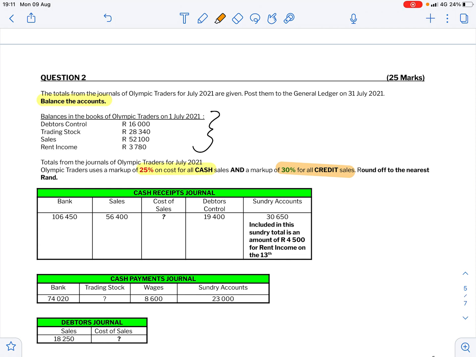So you need to then work out our cost of sales in our cash receipts journal and cash payments journal. To do our cash receipts journal, we take 56,400. We then divide that by 1.25, and that should give us a cost of sales figure in the CRJ of 45,120.